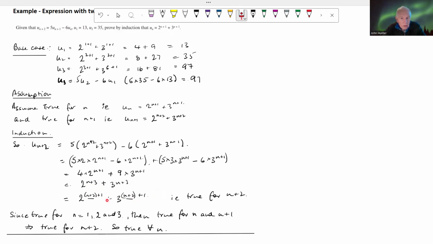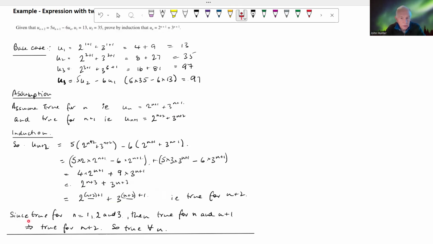Which we can write as 2 to the power of n plus 2 plus 1 plus 3 to the power of n plus 2 plus 1. So that equals that. The n plus 2th term is that, which is exactly what we've got in our assumption.